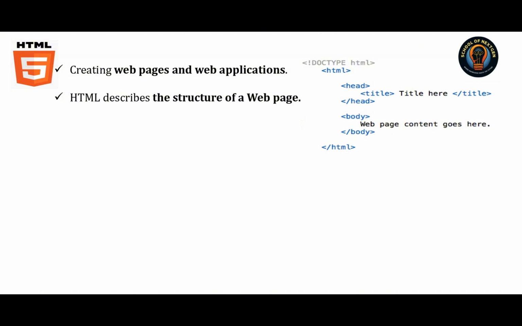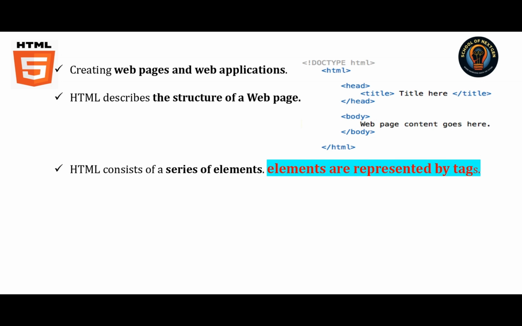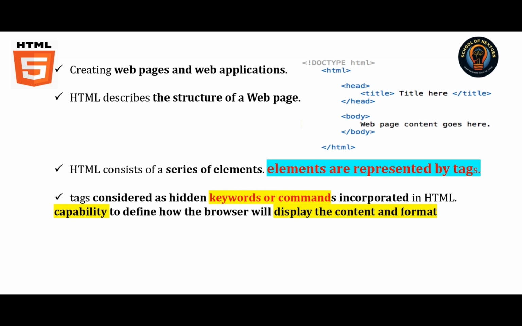We have seen on the right side that HTML consists of a series of elements. A line of the HTML code is an element, and elements are represented by tags. Tags are considered hidden keywords or commands incorporated in HTML code, with the capability to define how the browser will display the contents and formats within the web pages.